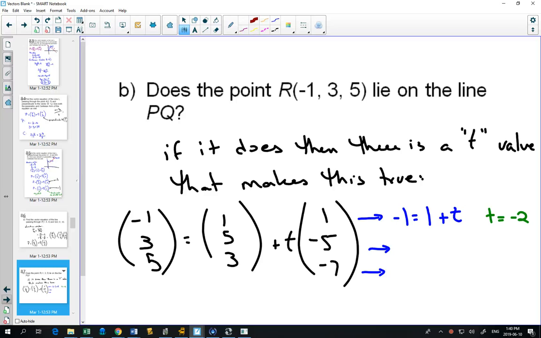And if I plug in the second value, I would get 3 would have to equal 5 minus 5t. If you solve for that, you get t equals 2/5.